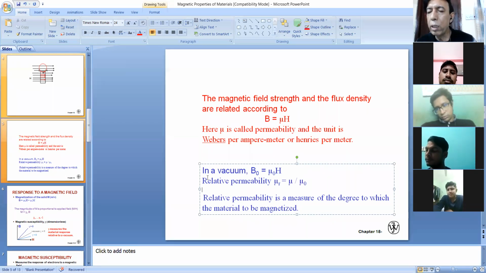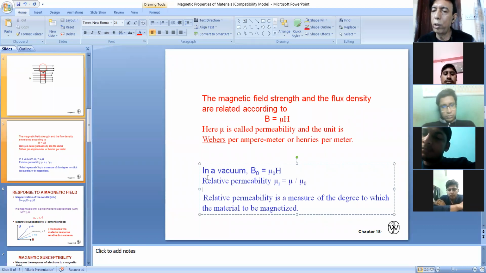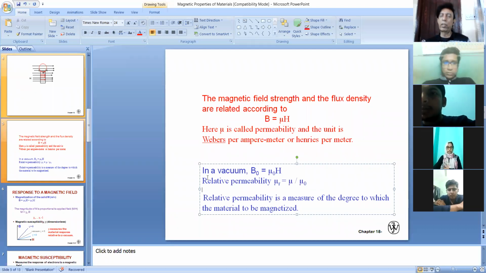Now, what will be the unit of relative permeability? It is unitless, because both have units Webers per ampere meter, so there will be no unit for relative permeability.